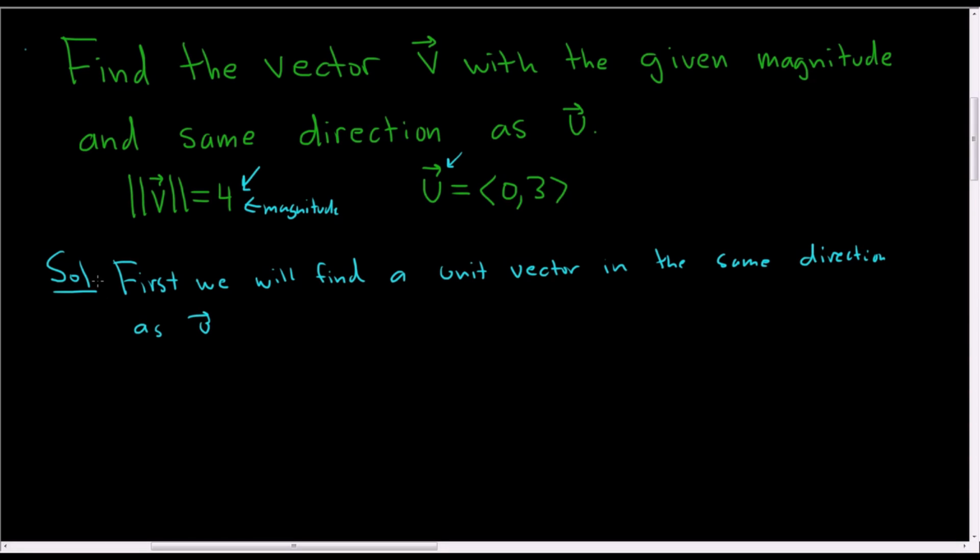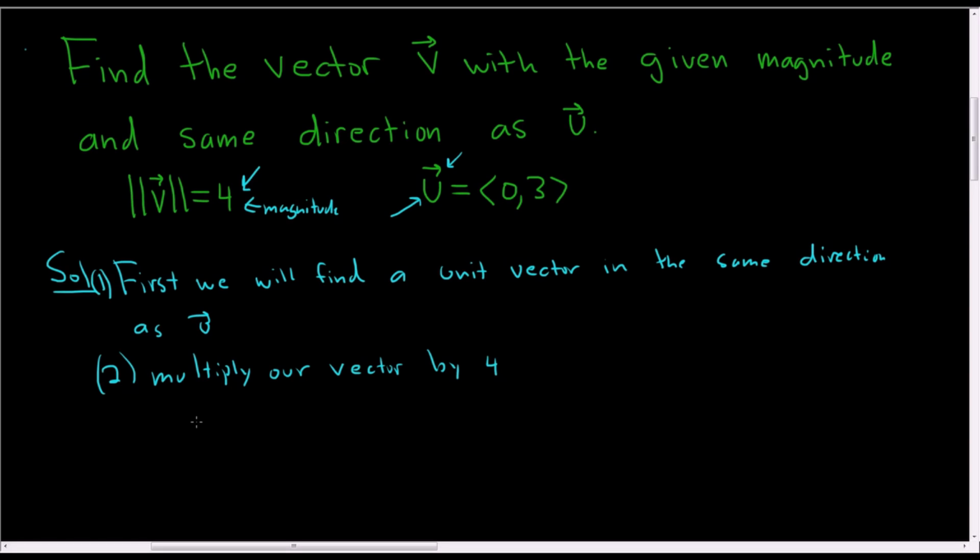That'll be the first step. So step 1, we'll find a unit vector in the same direction as this one. And step 2, we'll multiply our result, our new vector, by 4. And then we'll be done, right? Because then we'll have a vector in the same direction as u with magnitude 4.